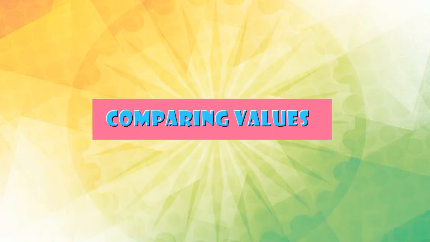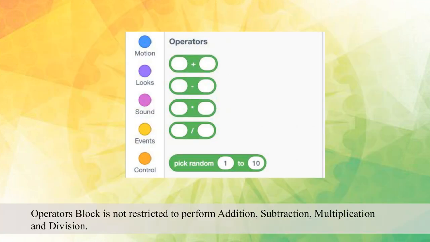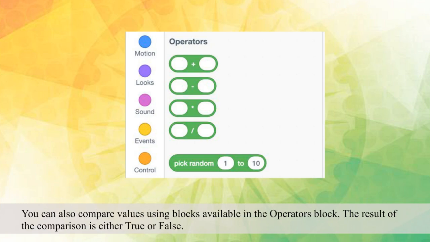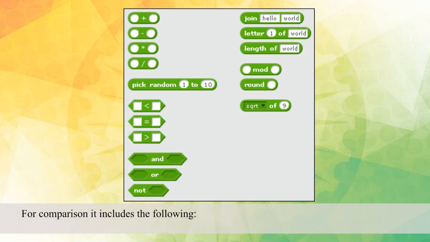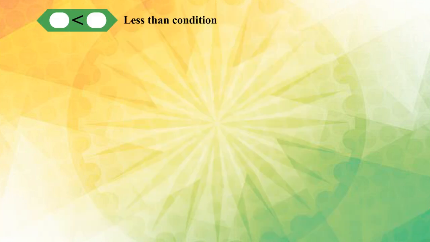Comparing values. Operators block is not restricted to perform addition, subtraction, multiplication and division. You can also compare values using blocks available in the Operators block. The result of the comparison is either true or false. For comparison, it includes the following: less than condition.